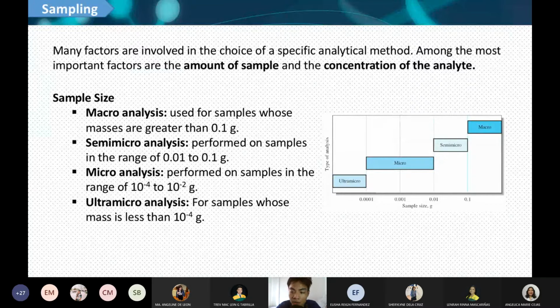Okay, so for each amount of substance, may corresponding methods for that. Okay, so hindi to one shoe fits all, no, hindi siya one method applicable to all. In analytical chemistry, for each method meron siyang isang sample size na ire-represent. Okay, so if ever nakakita kayo ng cookbook, I mean, cookbook kasi tawag namin dun eh.